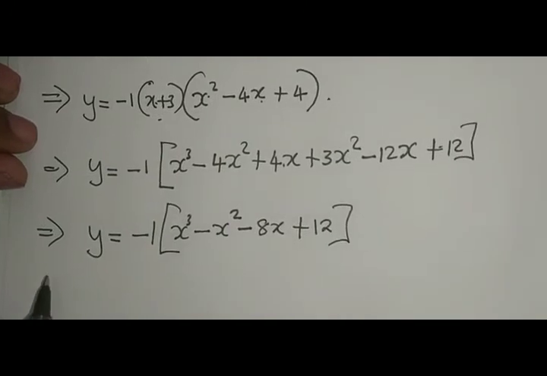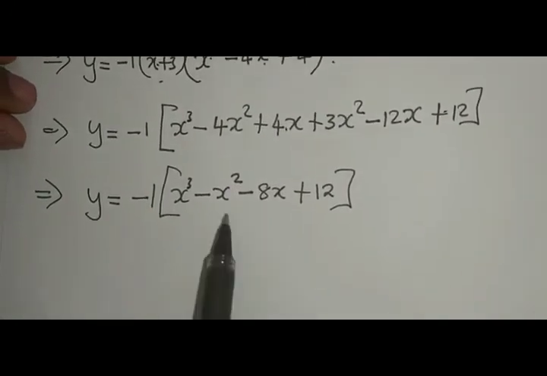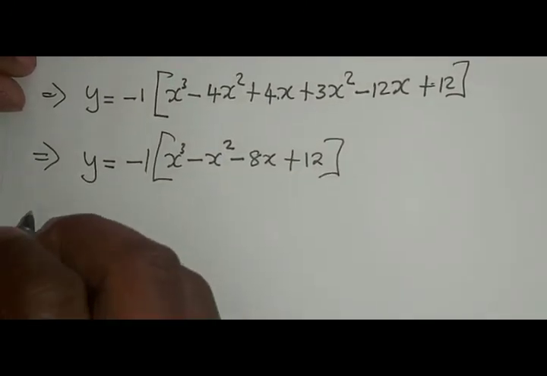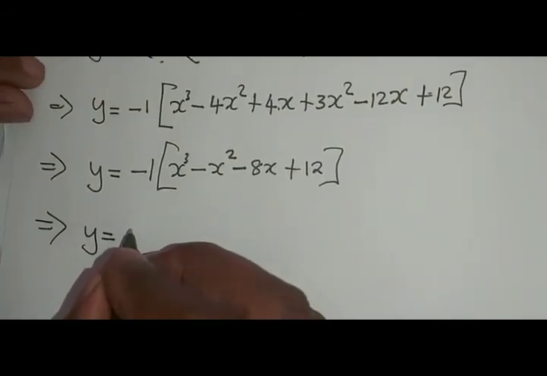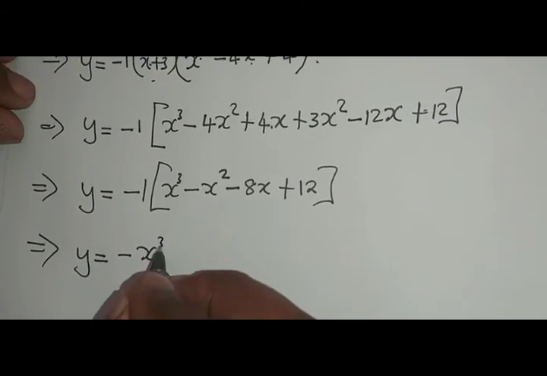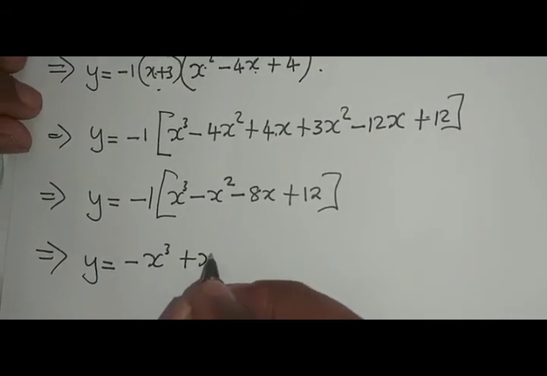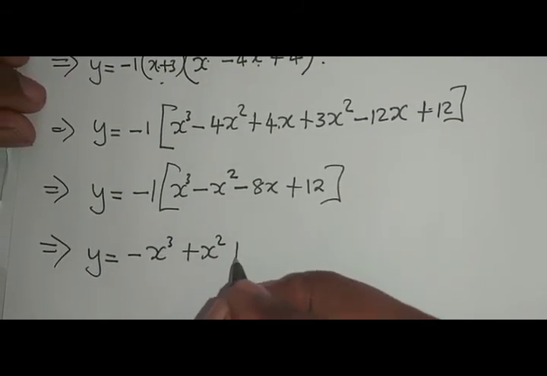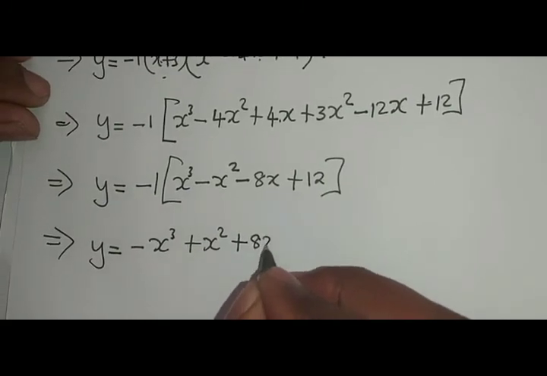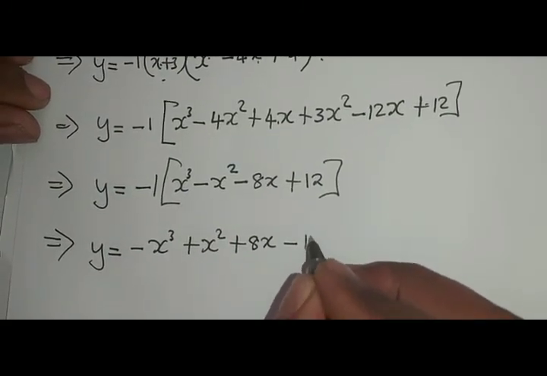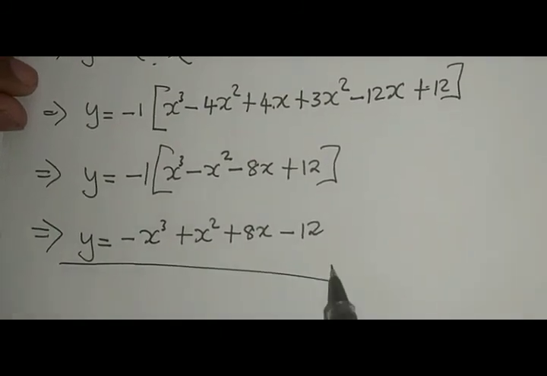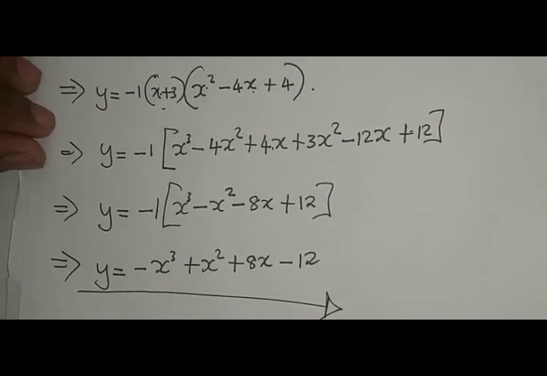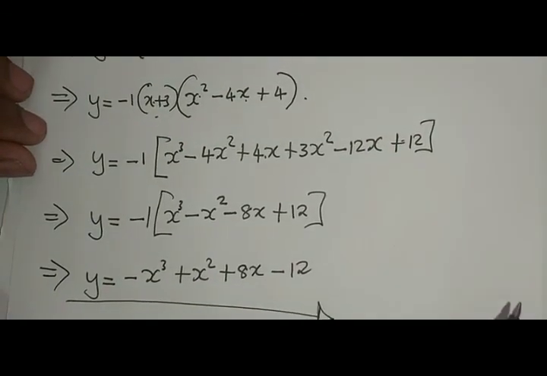Then from there, I now remove the square bracket there, which means y will now be equal to minus x cubed plus x squared plus 8x minus 12. This becomes the equation.